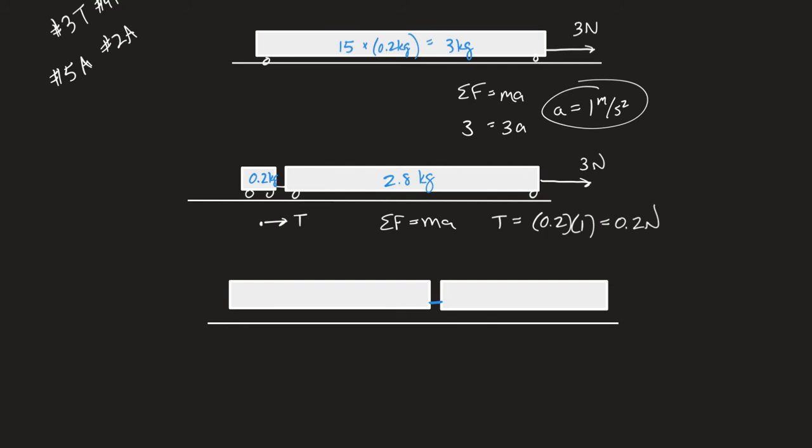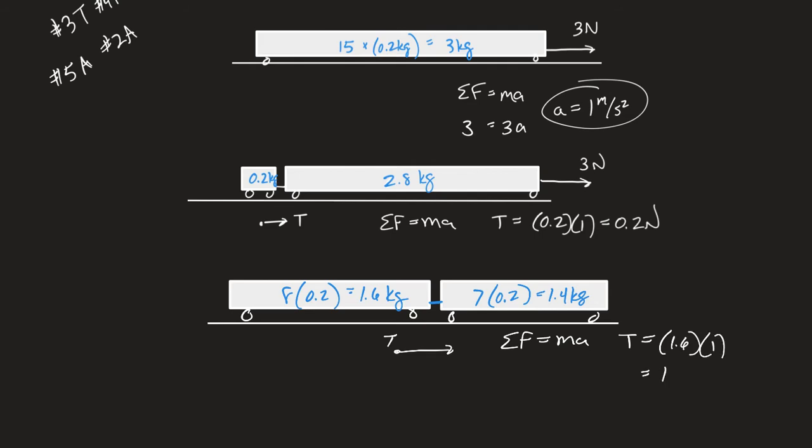So in this one, I'm going to treat it like 2 cars. One that is 7 cars times 0.2, or 1.4 kilograms, and 8 cars times 0.2, or 1.6 kilograms. That means there is a single tension that acts on those 8 cars combined. That net force has to equal ma, so T has to equal 1.6 times 1, or 1.6 newtons.